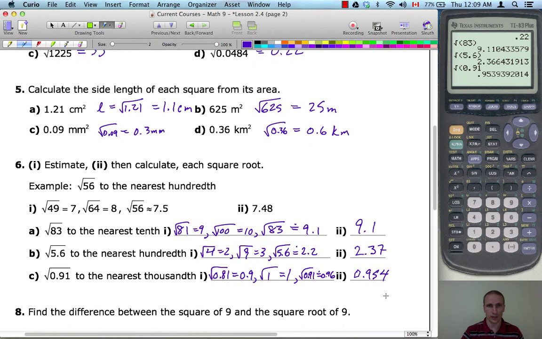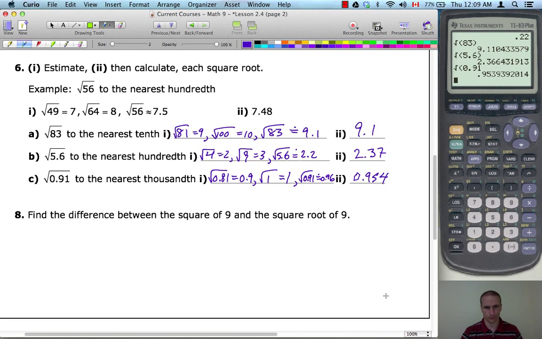Okay, and one last example here. We want to find the difference between the square of 9 and the square root of 9. So the square of 9 is 9 squared. The square root of 9 is root 9. And when they say the difference between them in math, difference actually means subtraction.